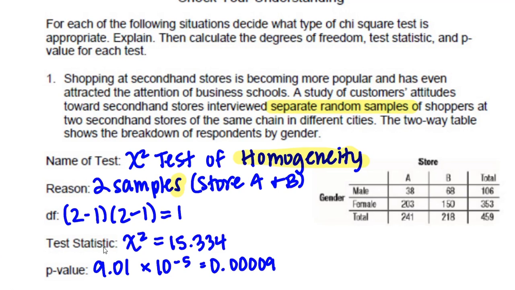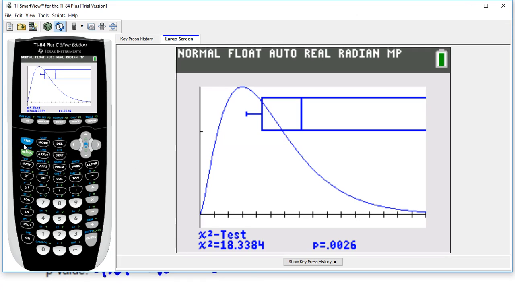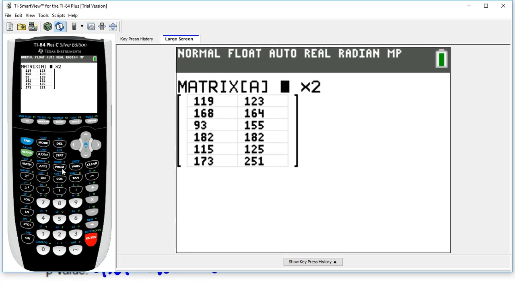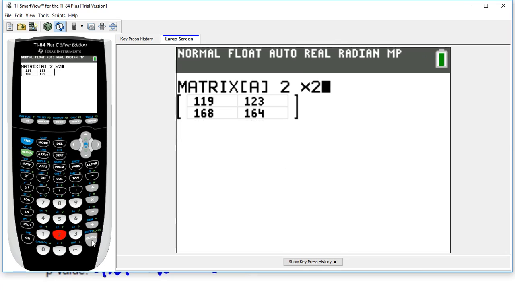And again, I want to show you in the calculator one more time how easy it is to get the chi-squared, the test statistic, the p-value, and the expected counts. So I'm going to do that really quickly. Remember, you go to second matrix, and then you can just write over the other one. This one would be a 2 by 2 because we don't include the totals.